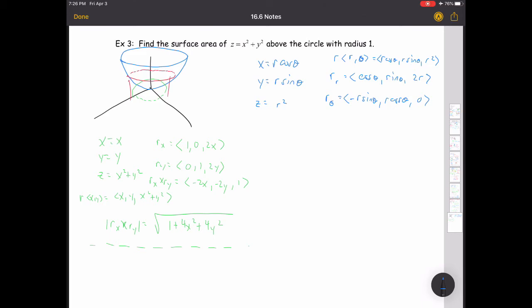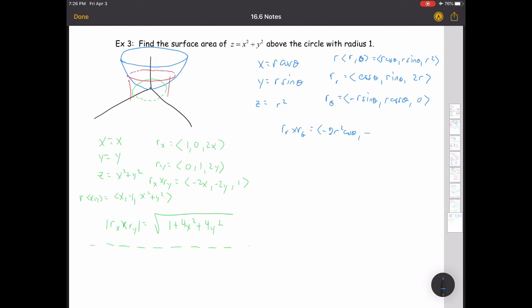All right, now we need the cross product, r sub r cross r sub theta. So eliminating the i row and column, we're going to get 0 minus 2r squared cosine theta, so minus 2r squared cosine theta. The j row and column, we're going to get 0 minus minus, so that's plus, but it's going to end up being minus because we got to change the sign.